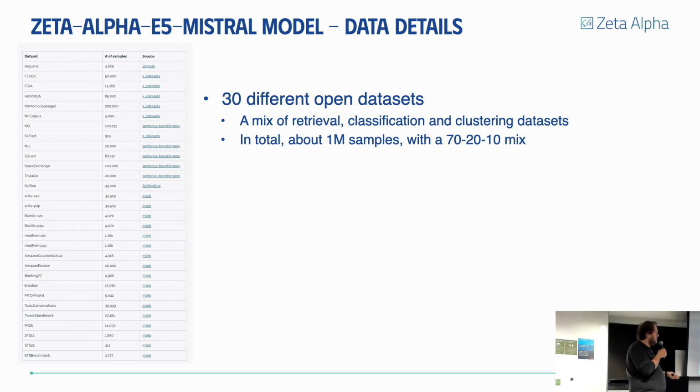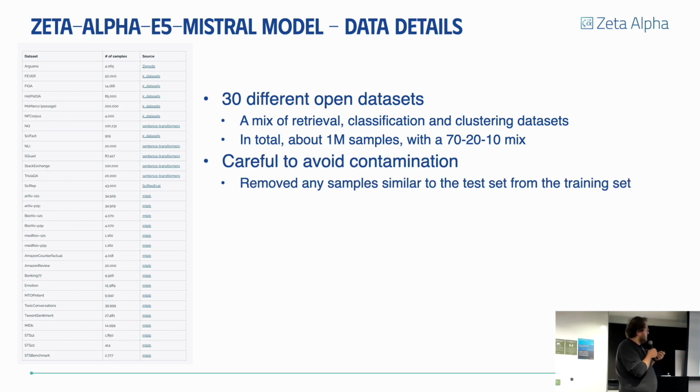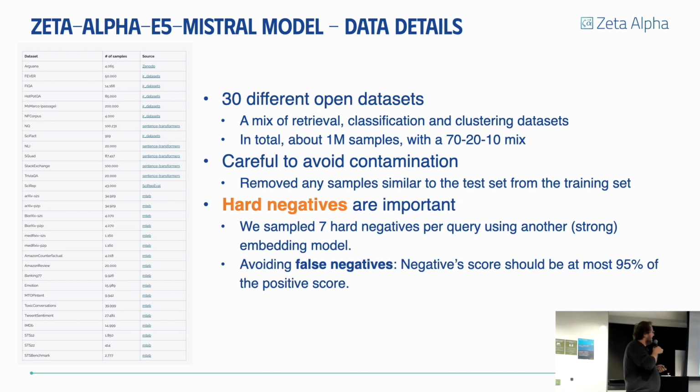We have all of the links in the blog post as well. It's about 1 million samples from retrieval, classification, and clustering datasets. We were quite careful to avoid leaking test samples into the training data, so we're not cheating.